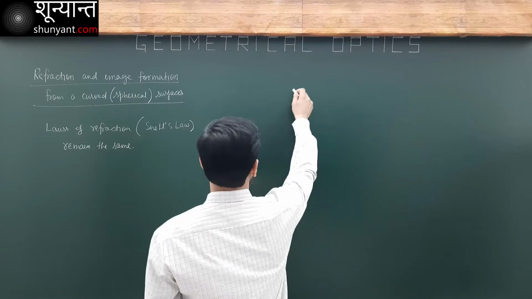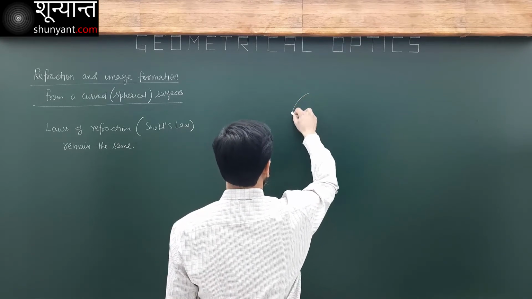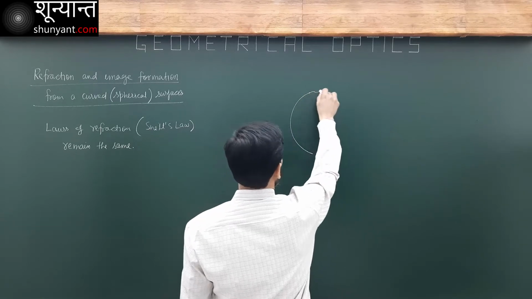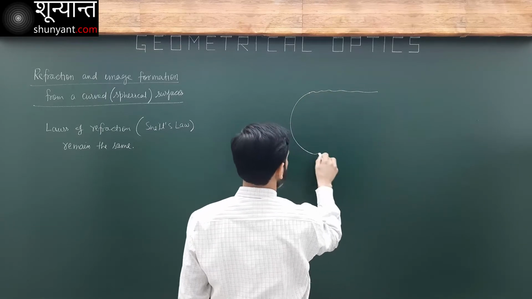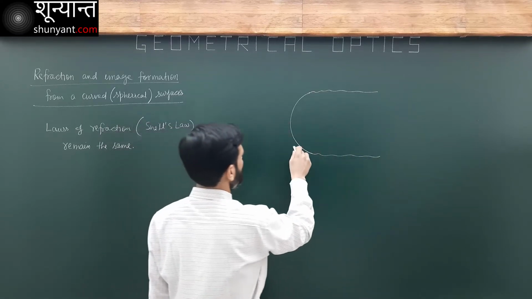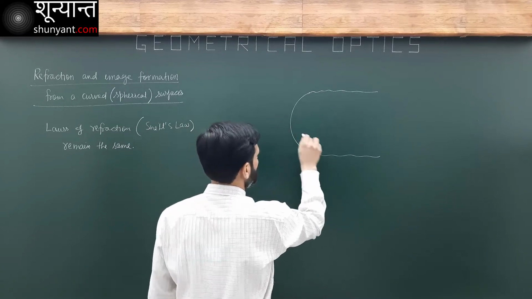Let's look at one general surface here. Let's say I have this surface here, and it is a spherical surface. It is going to have some radius. Let's say its radius is r.